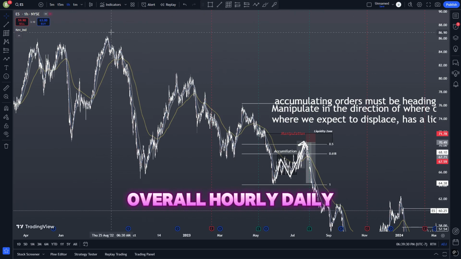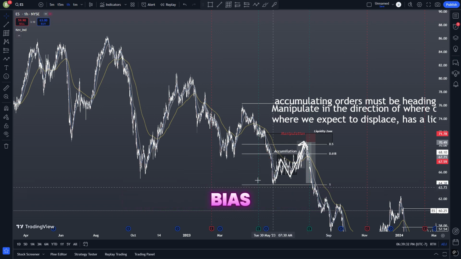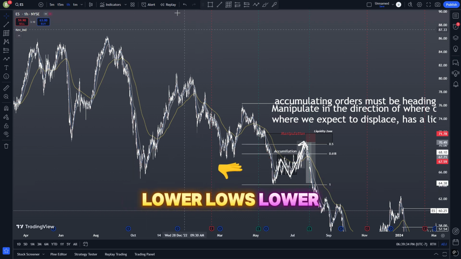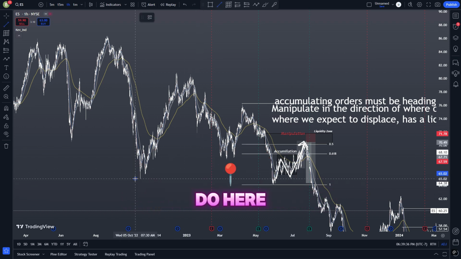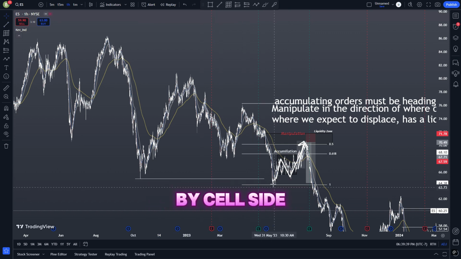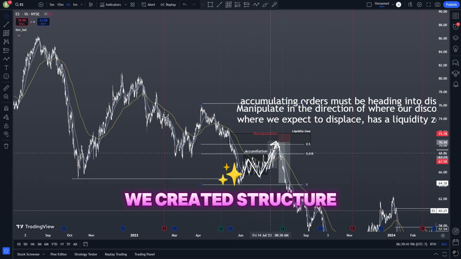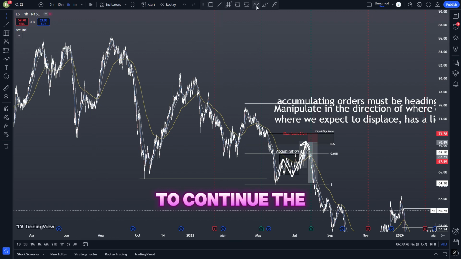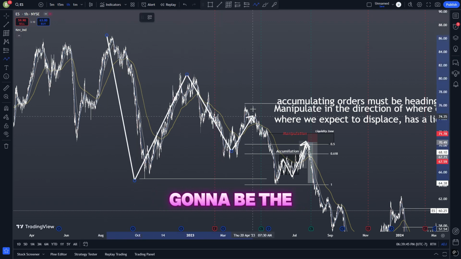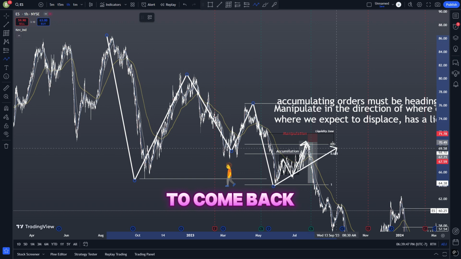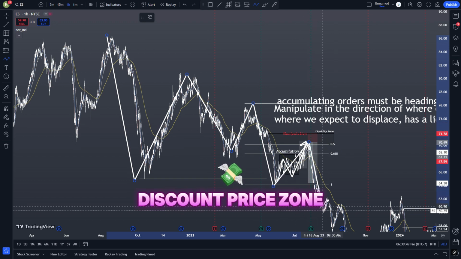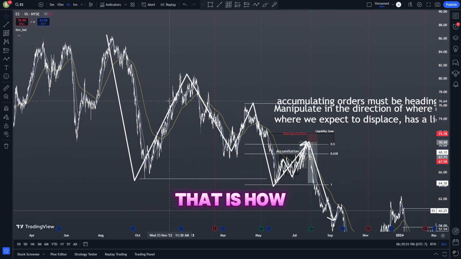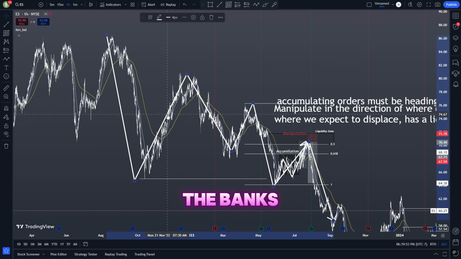And what is that overall hourly daily bias? Lower lows. What did we do here? We finally swept sell-side liquidity, we created structure up, but we wanted to continue the overall trend. So what was going to be the best way to do it? To come back up into a discount price zone and dump the market. That is how you trade like the banks.